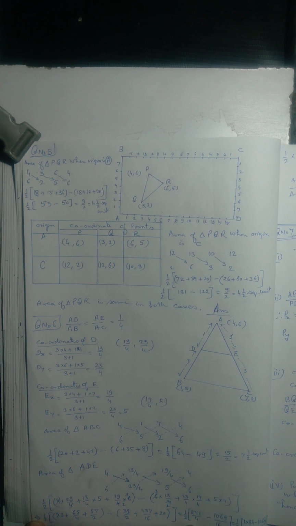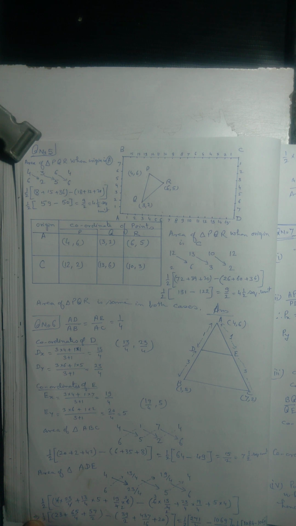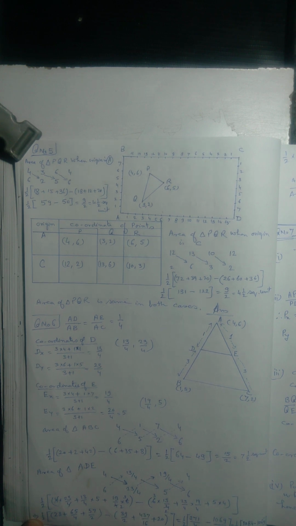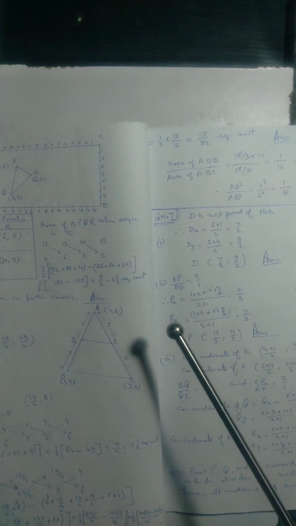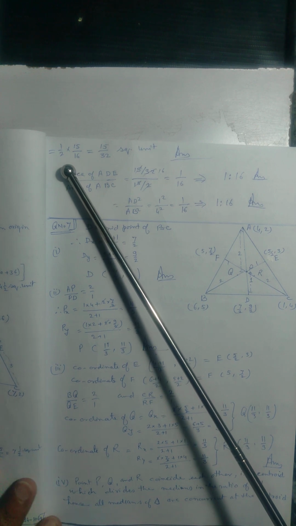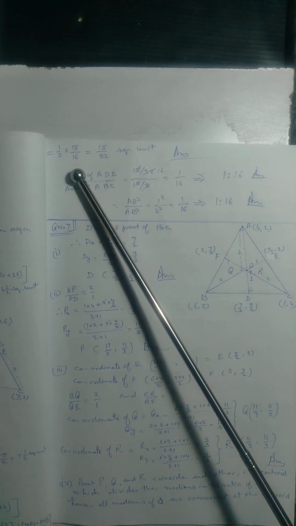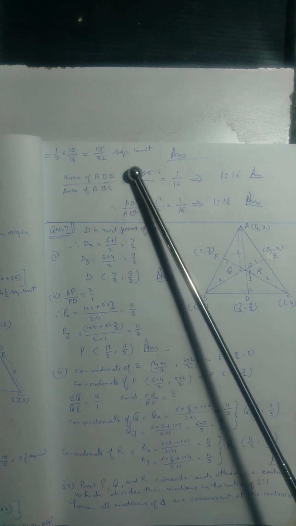Solve it, you will get 1/2 [1084 − 1069]/16. Further solving it, you will get 1/2 × 15/16, that will be equal to 15/32 square unit.